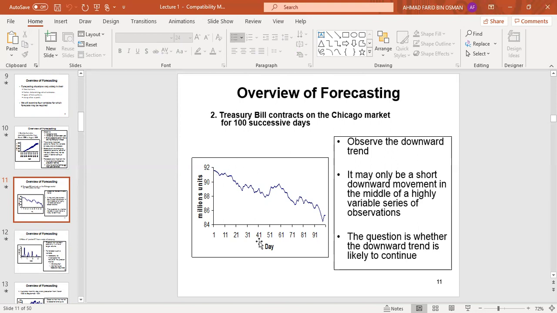Normally you have this kind of data. If you just use the historical pattern of the series to make forecasts, then we are only able to produce good forecasts for the short term, only for the next few observations, not for the long-term forecast.